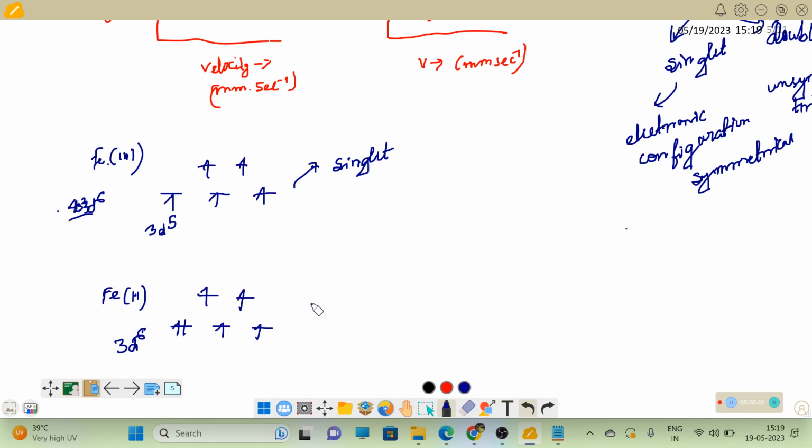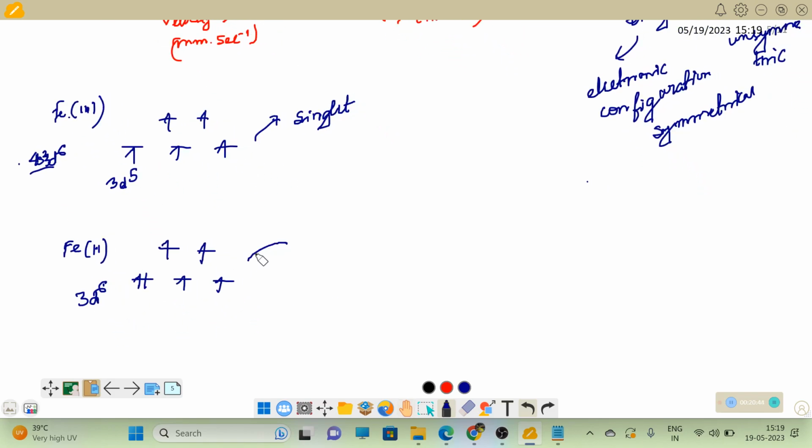Is it symmetrical or unsymmetrical? Unsymmetrical. So what will it provide? A doublet, because it is unsymmetrical.